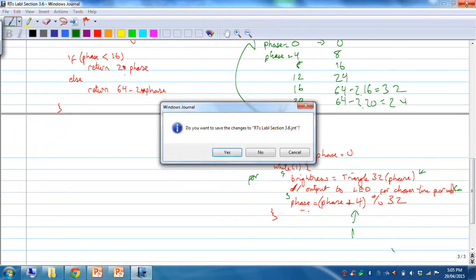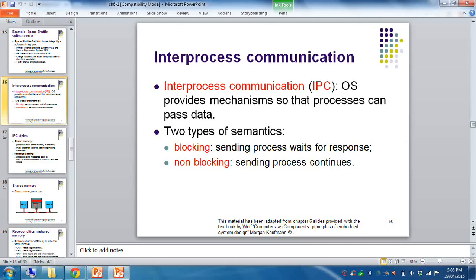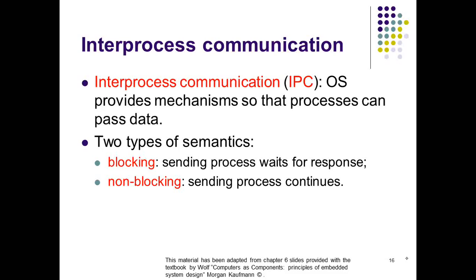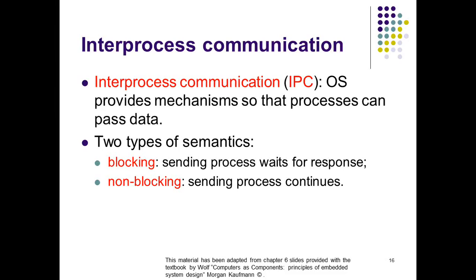Right. Back to the main notes. Two processes communicate. Inter-process communication is basically key whenever you're doing any kind of real-time operating system, because you have lots of tasks or processes that run in parallel, but realistically they need to communicate somehow.